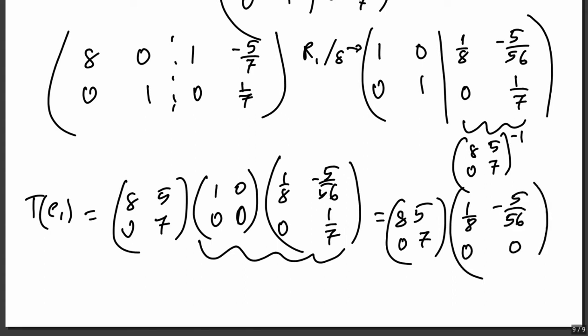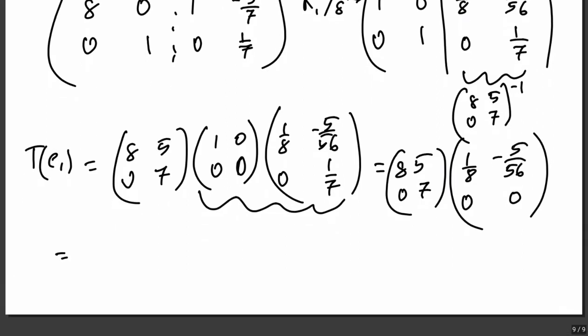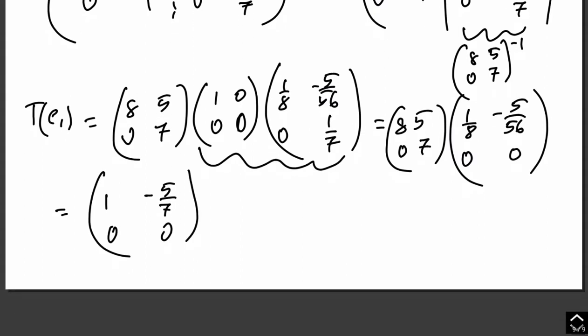The second row is 0. Then when we multiply these two, we get 1, minus 5 over 7, and 0, 0. So this is T of E1.